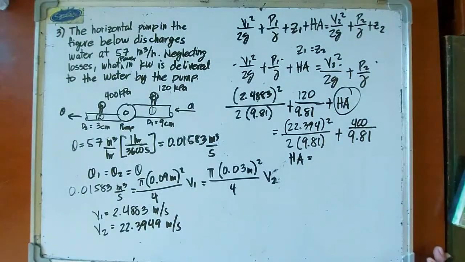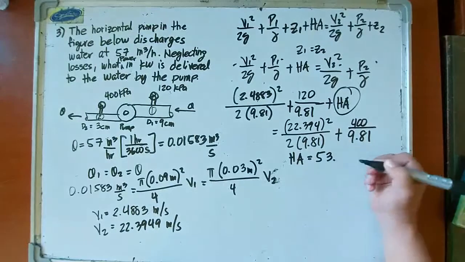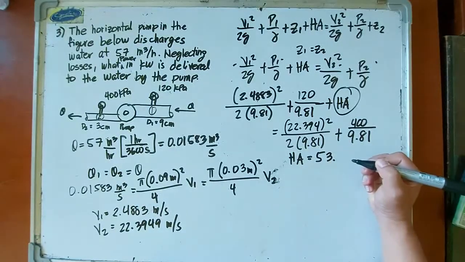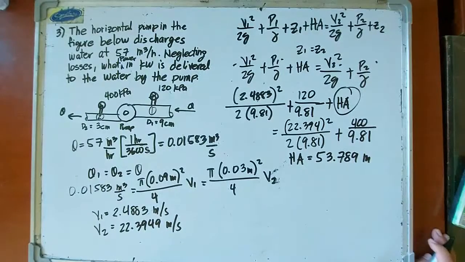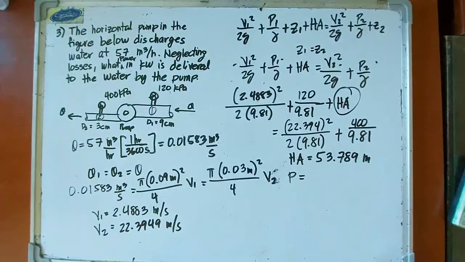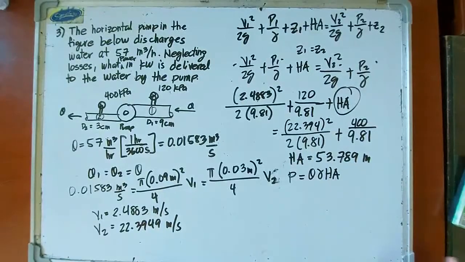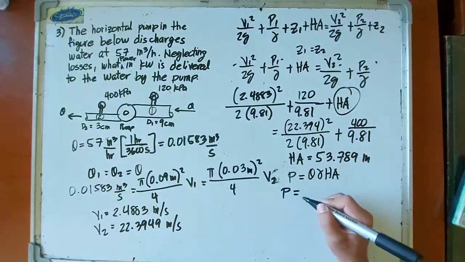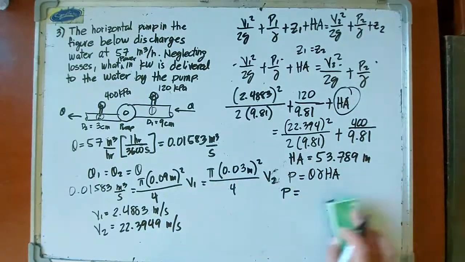The energy head in the pump is 53.789 meters. Then we compute for the power needed by the pump is equal to Q gamma times the energy head. So the power then is equal to Q in cubic meters per second.